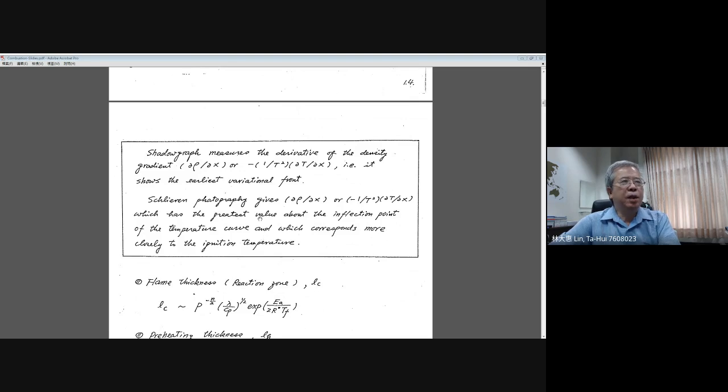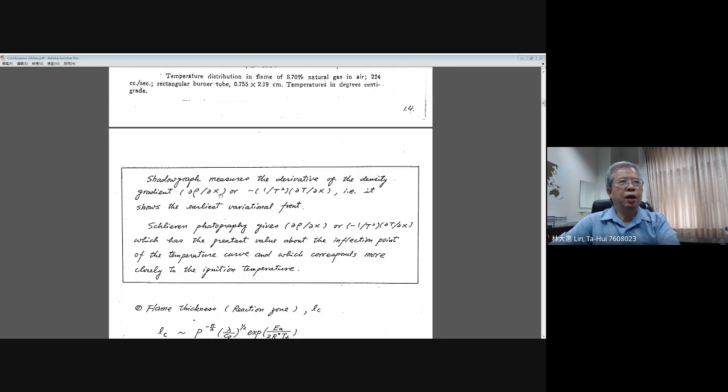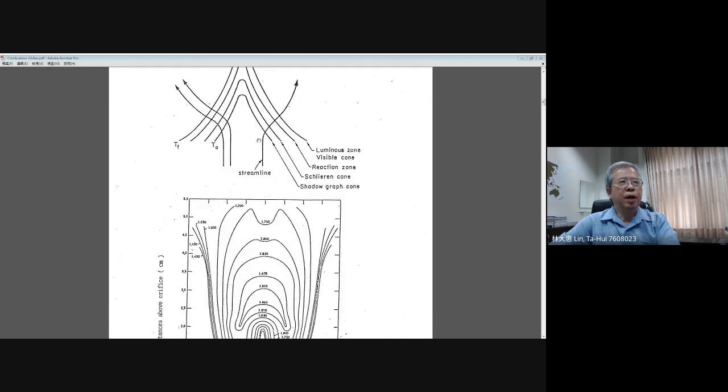The next point, when you go through the experimental technique of shadow graph, actually they measure the second derivative of the density, or the second derivative with respect to temperature. Then they will show you the earlier inflection point of your temperature profile. Then the location for your cone, the cone image determined by shadow graph, will occur in a more upstream region.